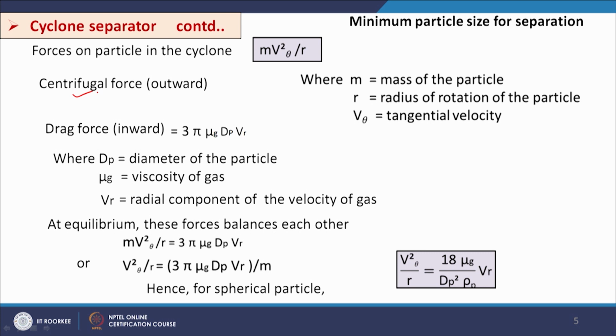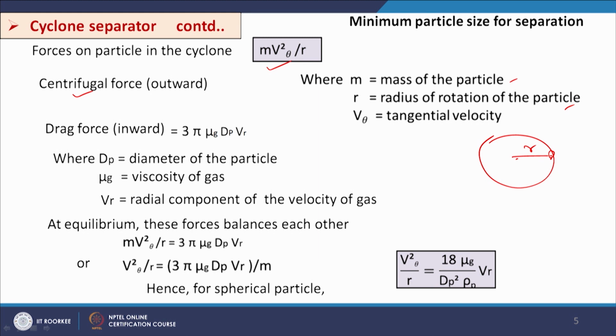Centrifugal force we know is m v theta square by r, where v theta is the tangential velocity, m is the mass of the particle and r is the radius of rotation of the particle. If any particle is at any position from the center, this is equal to r. We know this relationship very well, and a drag force will be working on it.